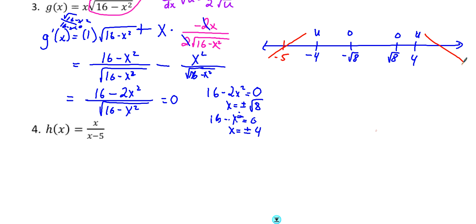Because if you plug them into your first derivative test, it's not going to work because you can get negative numbers on the bottom. So we pick negative 3 right here. When we plug in negative 3, positive on the bottom, and on top, you're going to get x squared.